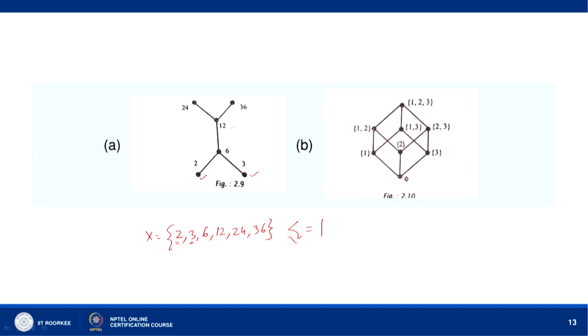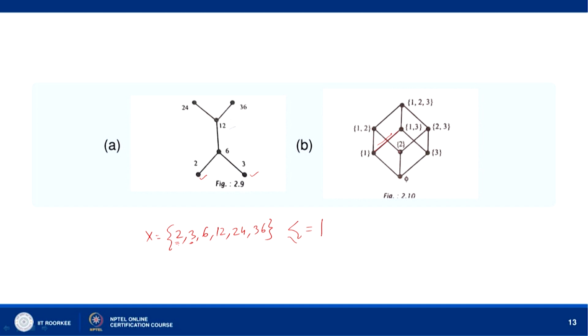Then {1} is contained in {1,2}, so we join it by this line, and {1} is contained in {1,3}, so we join by this line. Then {3} is contained in {1,3}, so we join it by this line. Now, {2} is contained in {2,3}, so we join by this line, and {2} is contained in {1,2}, so we join by this line.